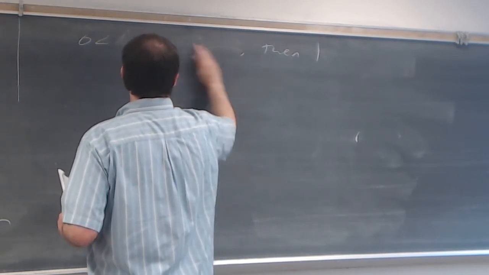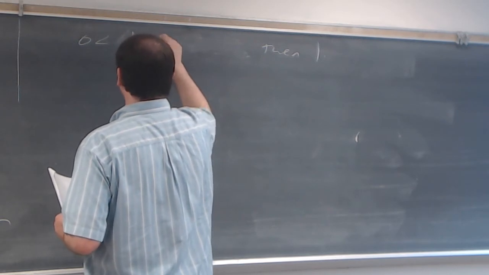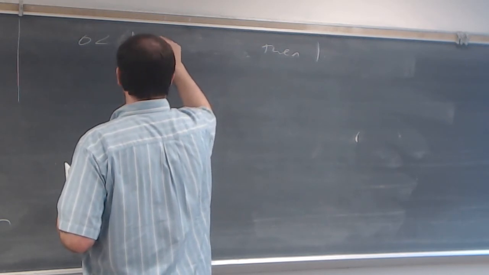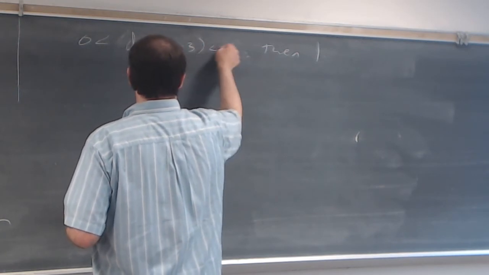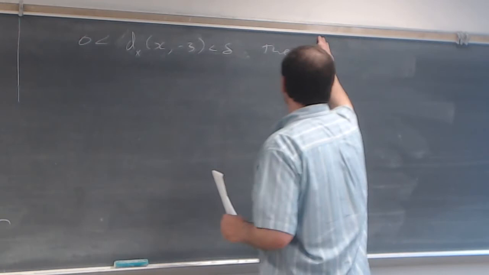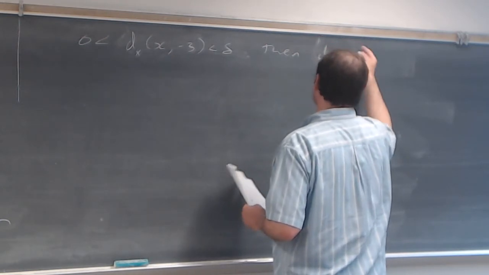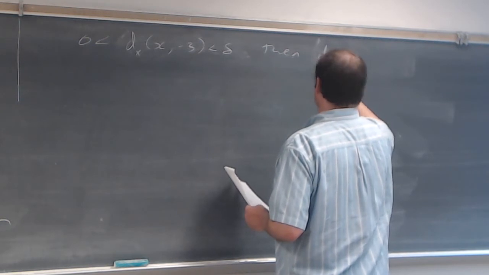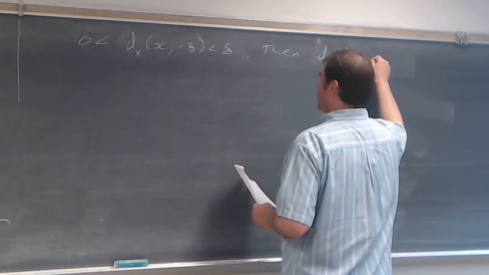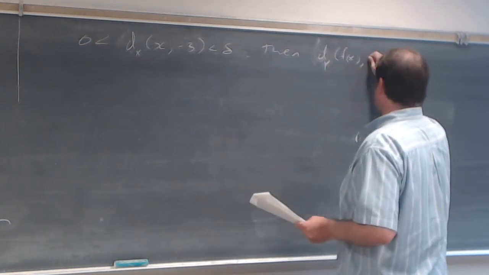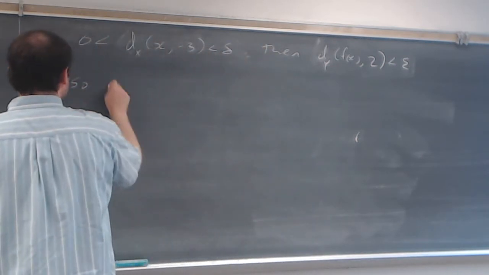So here, this would be the distance in the x, x to minus 3 less than delta. Then the distance in y, which is still the same thing as x in real numbers, so I'll write down f of x and q, which we said is 2, will be less than epsilon. Okay?